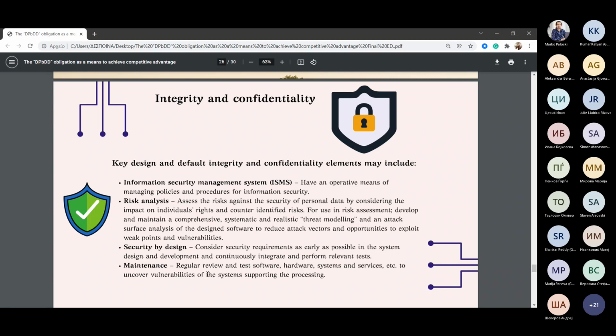Maintenance, that means regular review and test of software, hardware, systems, and services to uncover vulnerabilities of the system supporting the processing.